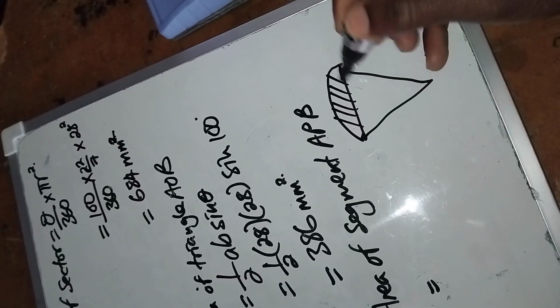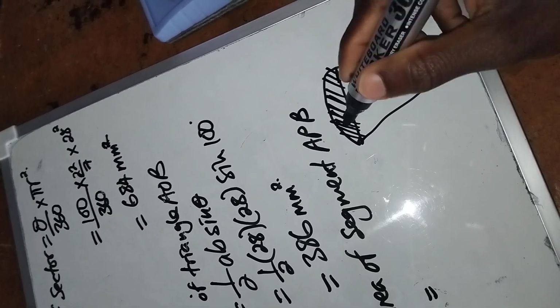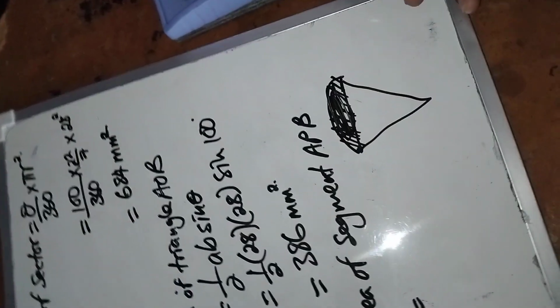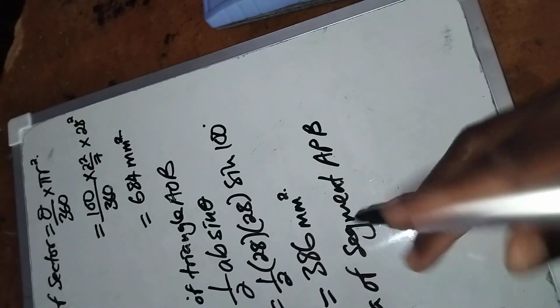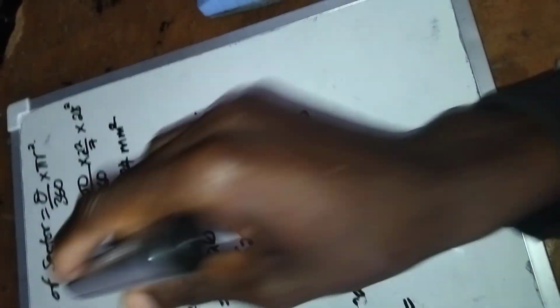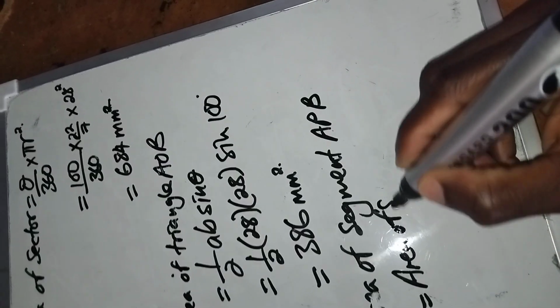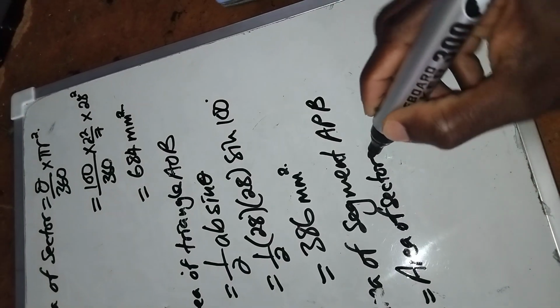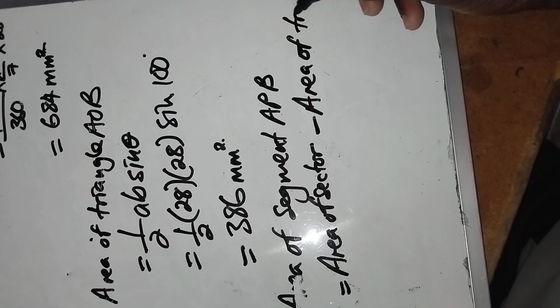A segment is a shape formed when a shape is divided by a chord. The shape that is cut by a chord is called a segment. So area of a segment is area of a sector minus area of a triangle.